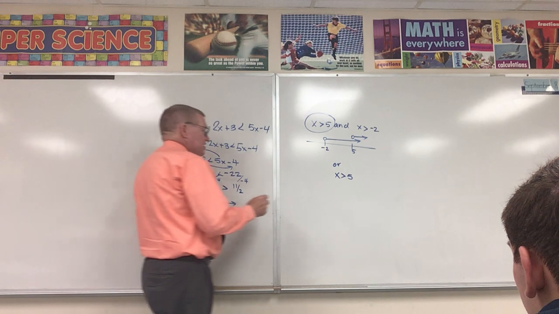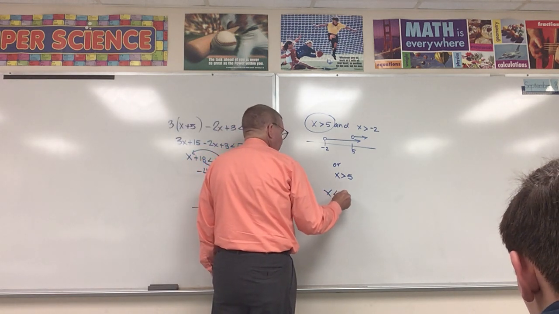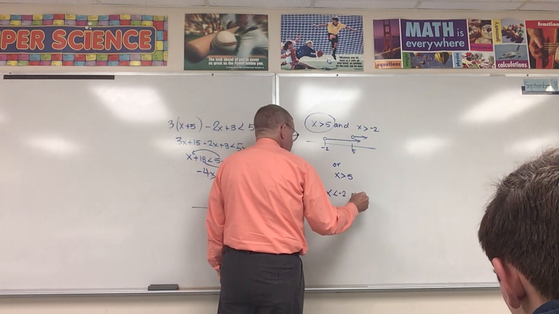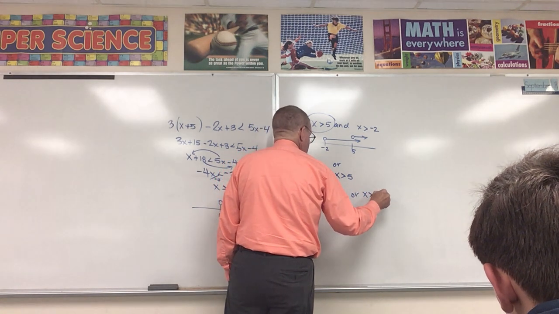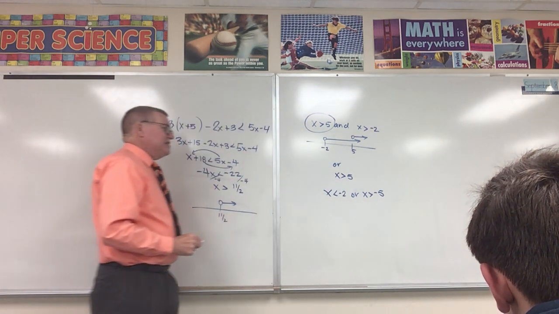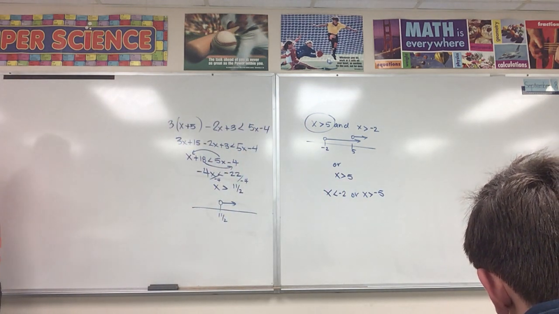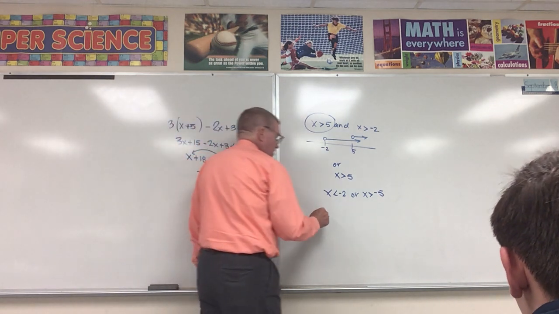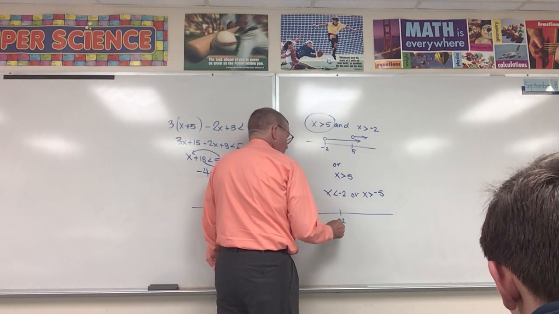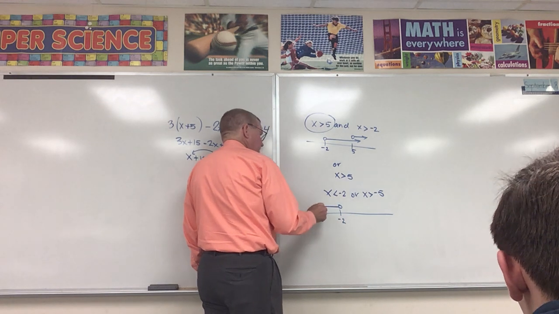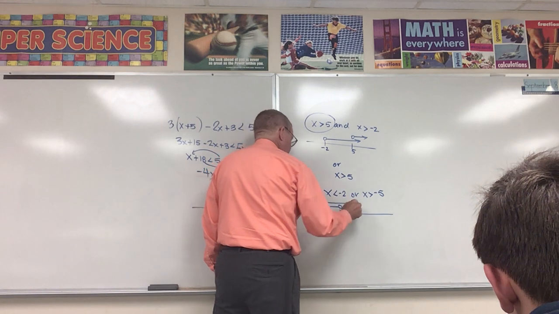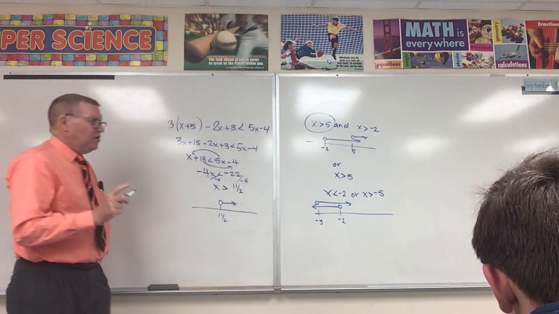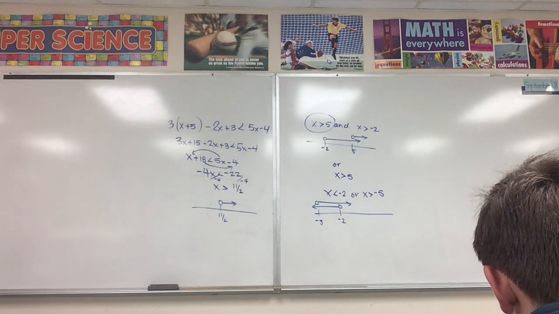Alright, if I have this, x is less than negative 2 or x is greater than 5. So when I look at this, here's my negative 2, and I'm less than, and here's my 5, and I'm greater than. Or means what? One or the other.